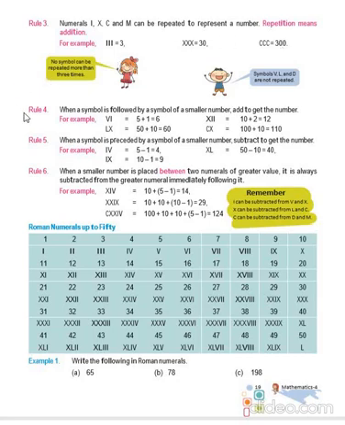Now come to rule number 4. When a symbol is followed by a symbol of a smaller value, then we will add these numbers. So, 5 plus 1 will be 6. We will add these two numbers. 10 plus 2 will be 12.